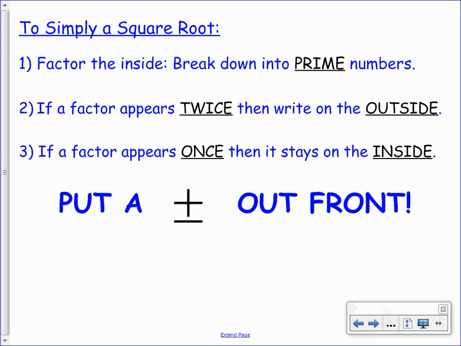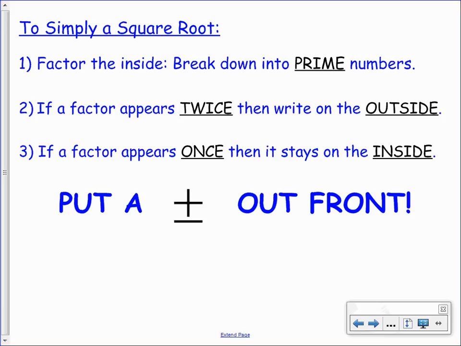To simplify a square root, you need to break it down into prime numbers. Prime numbers don't start at 1. What's the first prime number? It's 2. 0 is not prime, 0 is neutral. 1 doesn't count. The definition of a prime number is it has no other factors but 1 and itself.